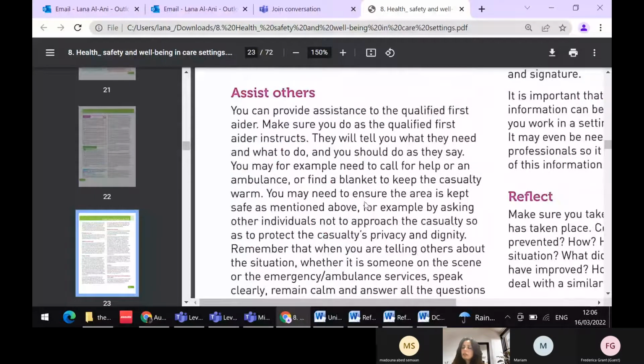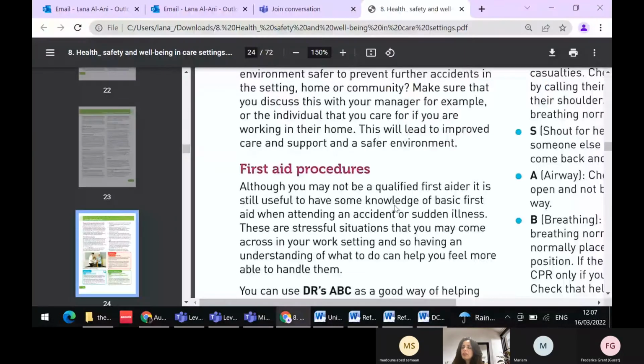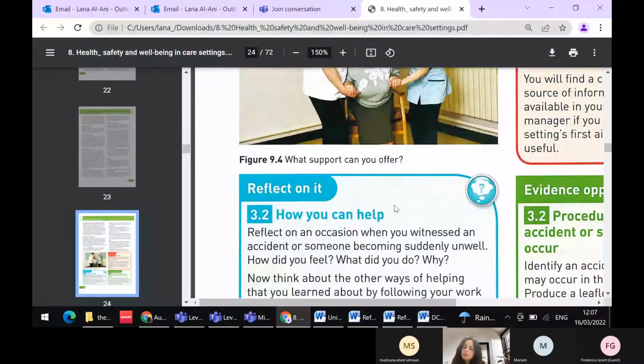Which number is that? 4.2. We will get back to these when we do the reflective account. Now we need to go to 4.2.